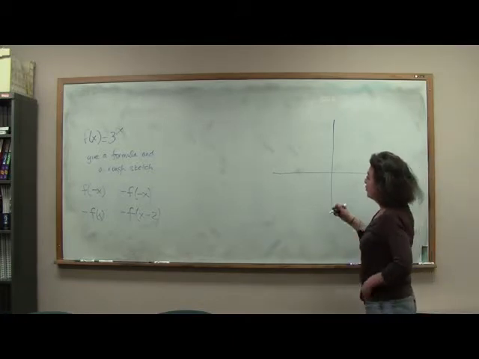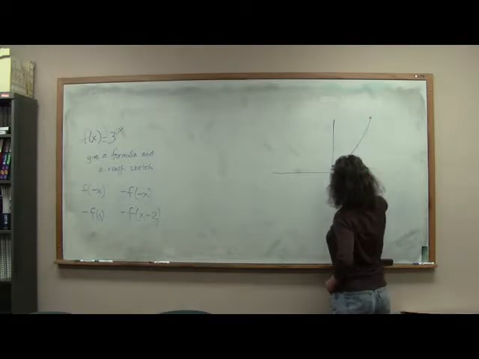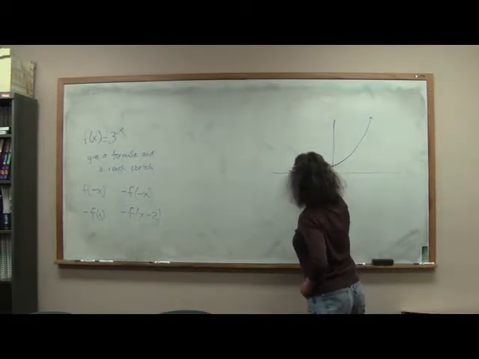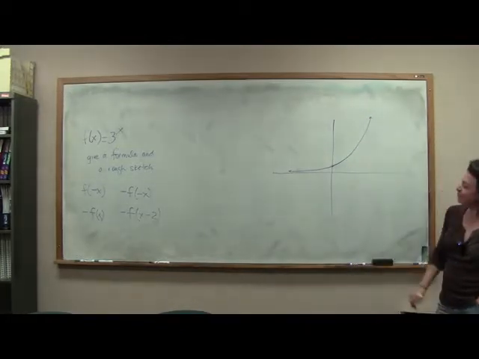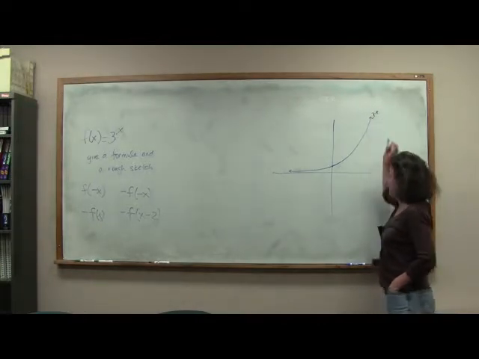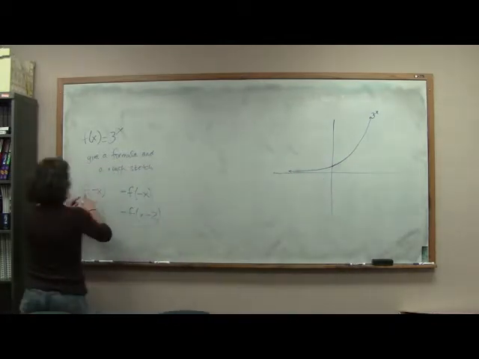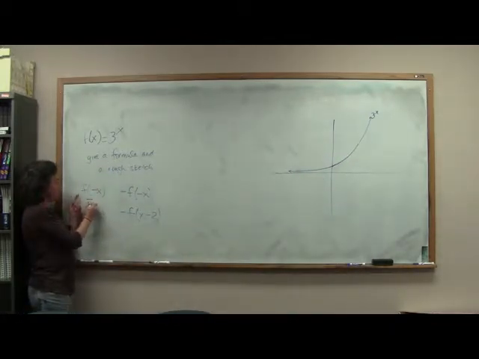Okay, so first off, 3 to the x looks very similar to e to the x. So that's our basic graph of 3 to the x. Okay, so first let's go over here. Let's first write the formula.